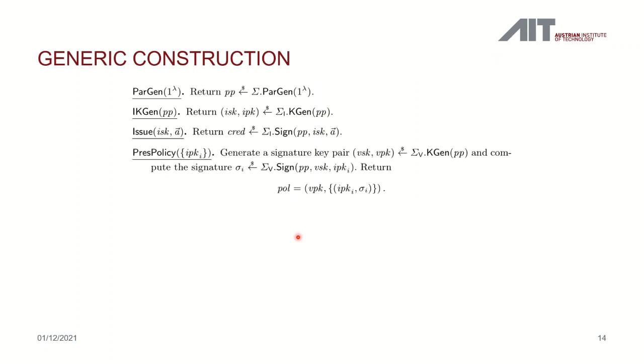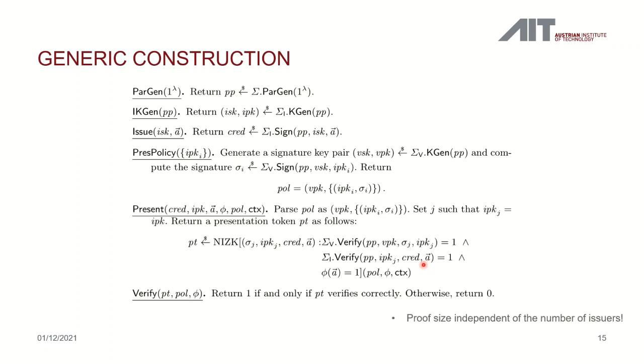So in our construction, the verifier computes a presentation policy by generating an ephemeral signature key pair and signing the issuer public keys that it is willing to accept. The policy now contains the verification key of this key pair and signatures on all the issuer public keys that the verifier is willing to accept.